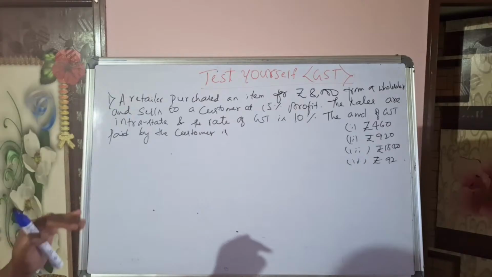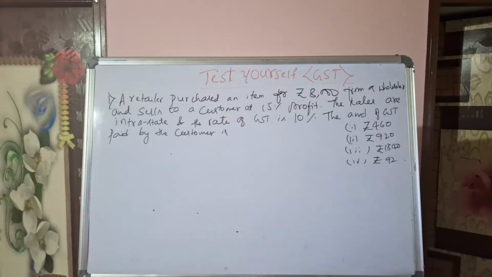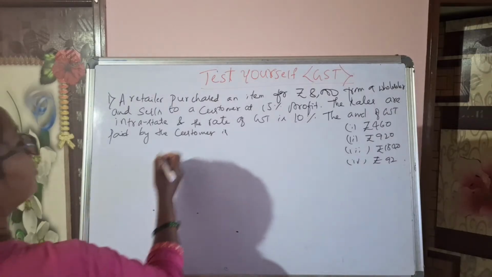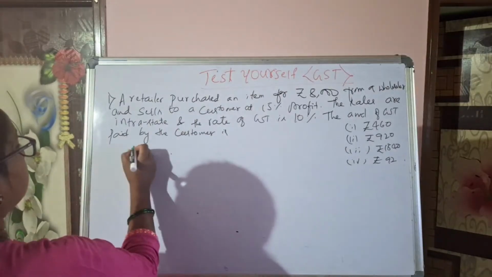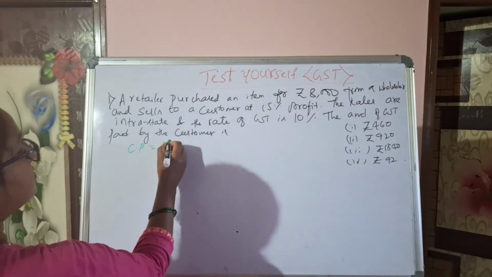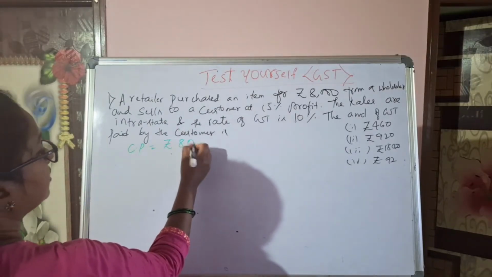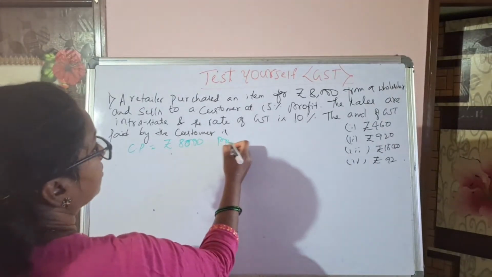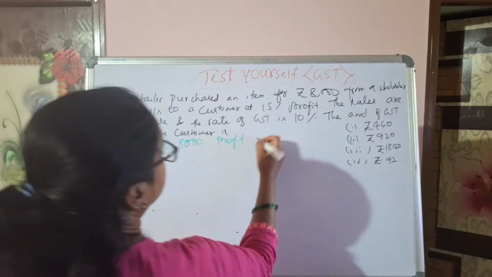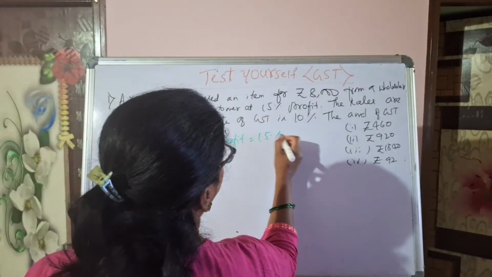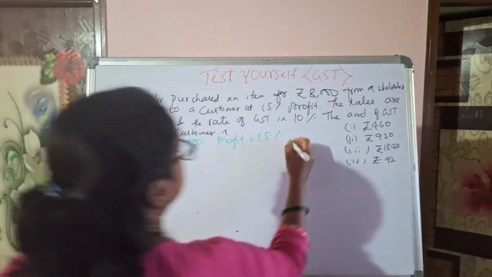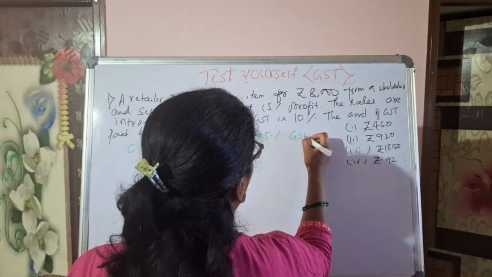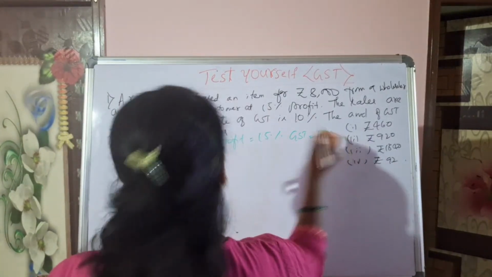See, this problem is a bit different from the previous problem. Here, the cost price is rupees 8,000 and profit is 15% and GST they have given is 10%.